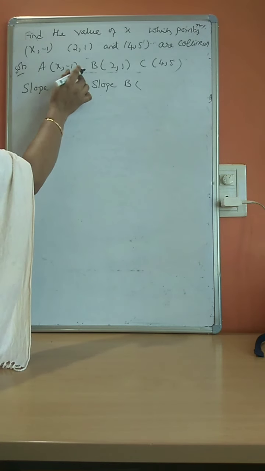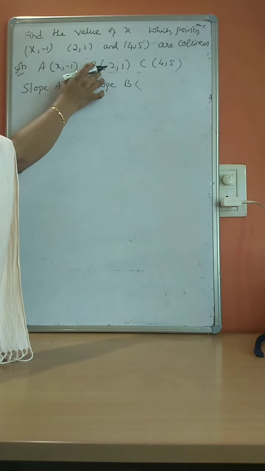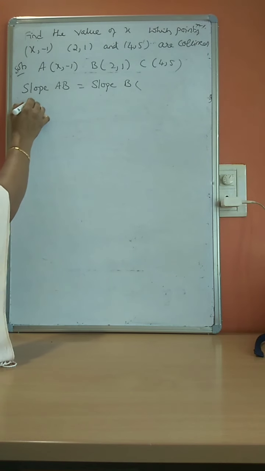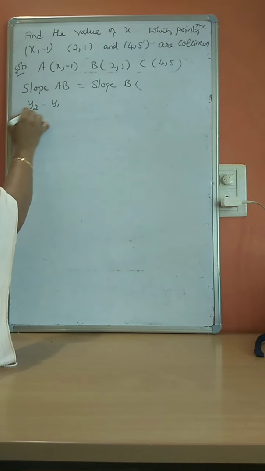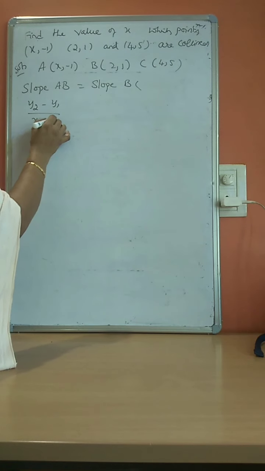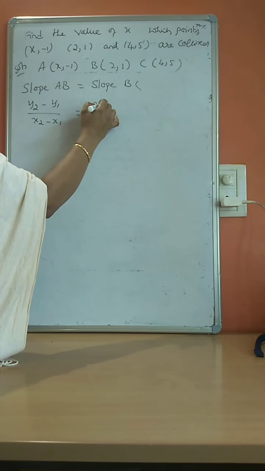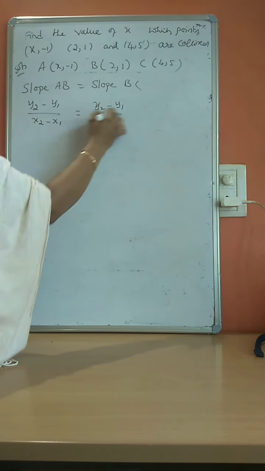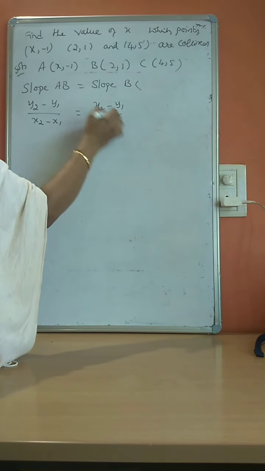So what is the formula for slope of AB? That is y2 minus y1 divided by x2 minus x1. Here also y2 minus y1 divided by x2 minus x1.